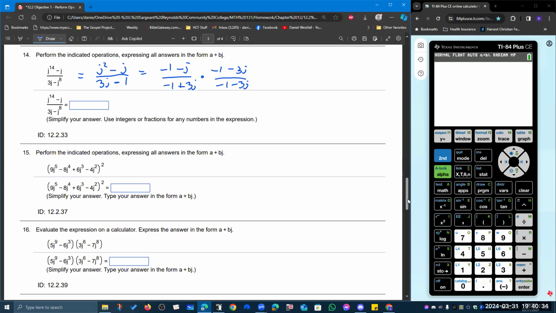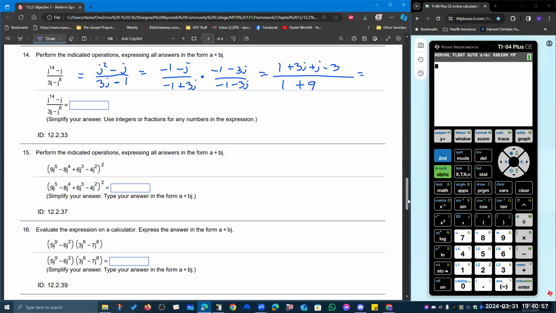And that's going to give us negative 1 times negative 1 is 1. And then this is going to be plus 3j. And this is going to be plus j. And then this is going to be plus 3j squared is going to be the same thing as minus 3 over negative 1 times negative 1 is 1. Minus 9j squared is going to be the same thing as plus 9.